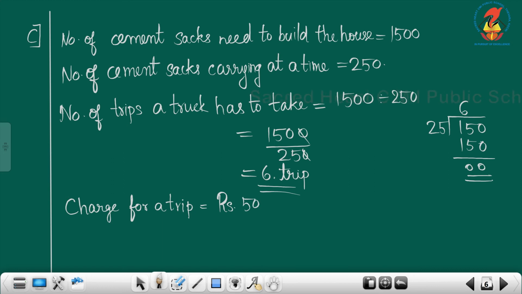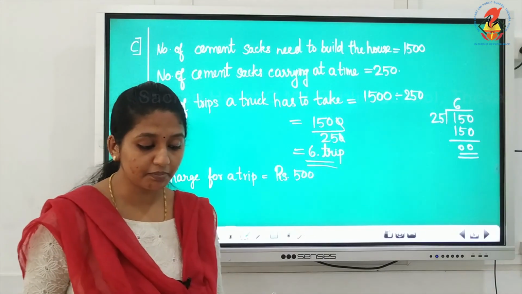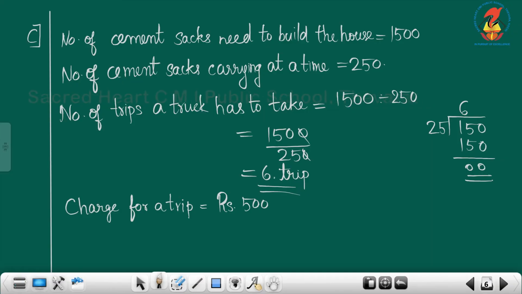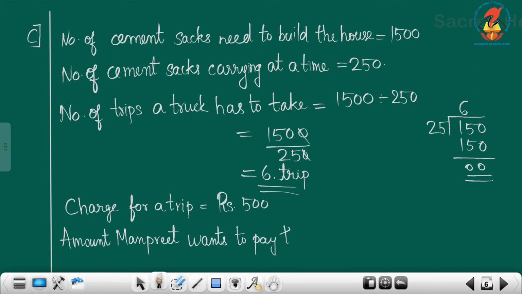So the question: how much will Manpreet pay the driver for all the trips? So the amount Manpreet wants to pay the driver.